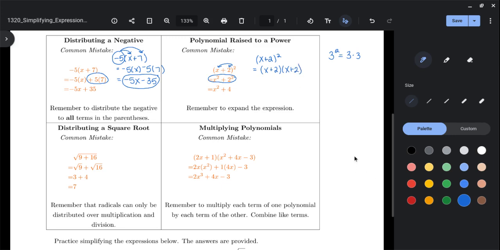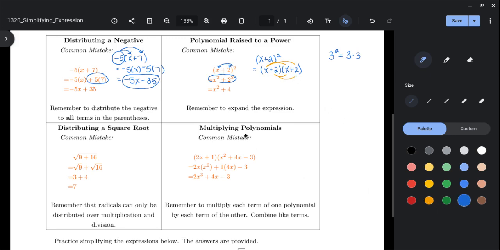And so now we're going to make sure that we distribute every term in this first set of parentheses to every term in the second set of parentheses. And I'm going to draw some arrows to help us organize this multiplication. So we're first going to do x times x, then we're going to do x times 2, then we'll have 2 times x and 2 times 2.